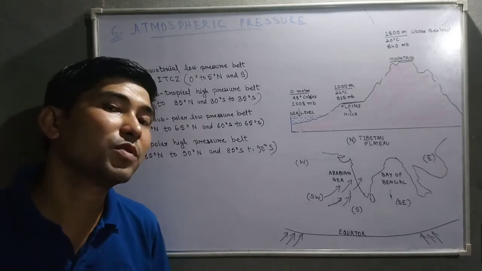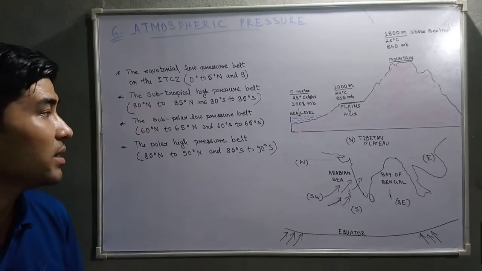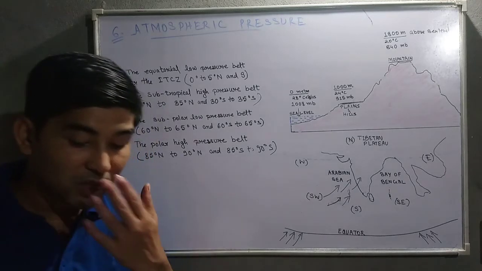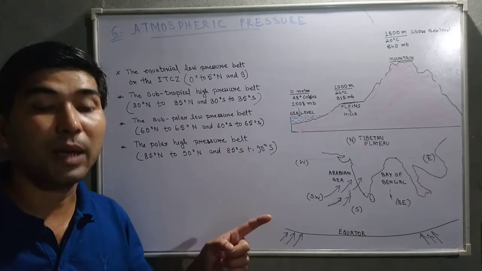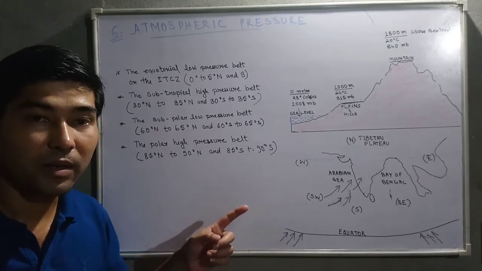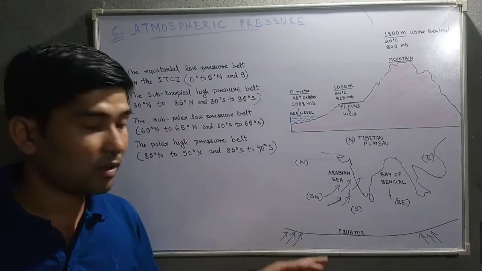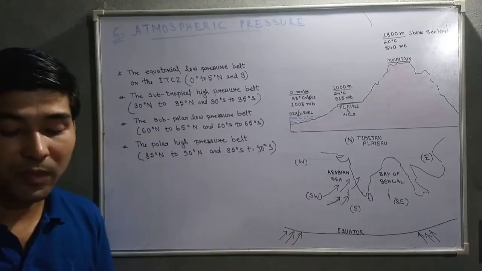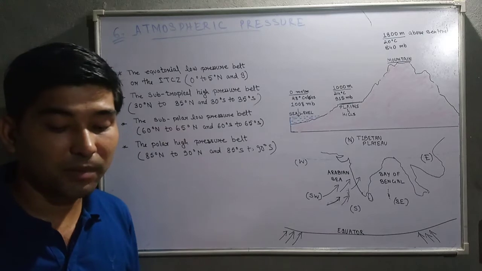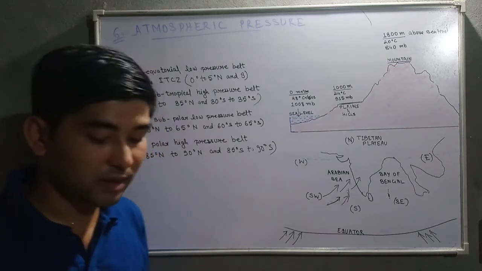So different names were given to these westerlies: roaring 40s in the 40° belt, on both sides of the equator, northern and southern, furious 50s in the 50° belt, and screeching 60s in the 60° belt.